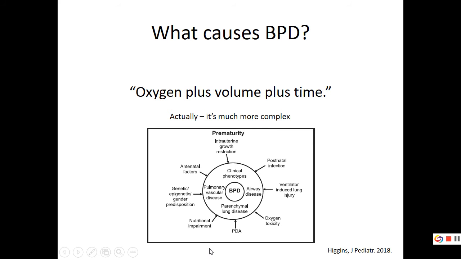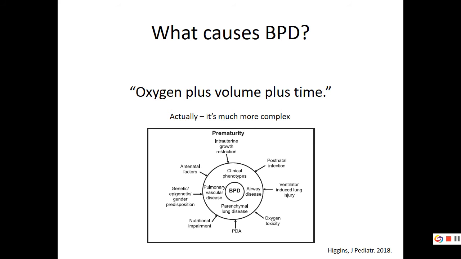So things like whether or not the baby got antenatal steroids, there's certainly a genetic predisposition. What did the mother's nutritional status look like? Did the baby have a large patent ductus arteriosus? How much oxygen toxicity did they have? What was the ventilator-induced lung injury that the baby was exposed to?